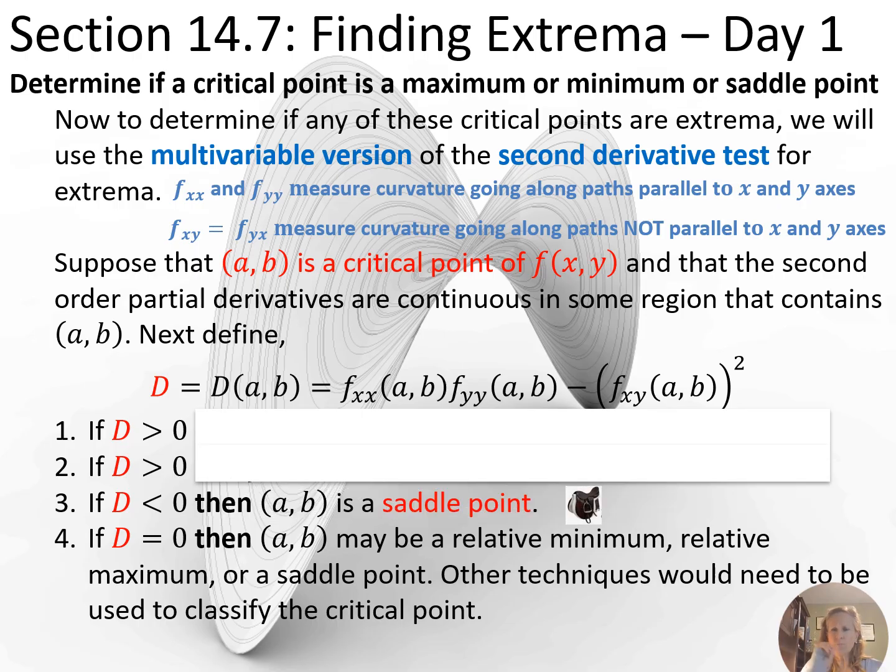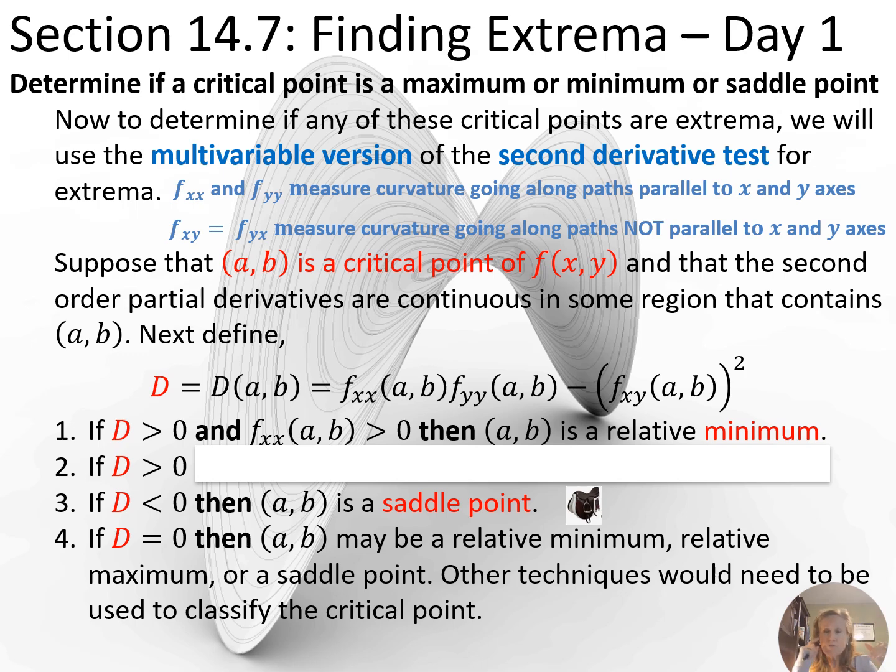If our multivariable second derivative test gives us a negative value, then we don't have to do anything further. We have a saddle point. However, if we get a positive value, we have to then look at one of the pures. I'm going to write this as looking at fxx, but you could just as easily do fyy if you wanted to.